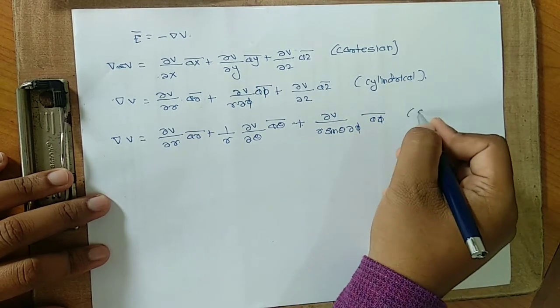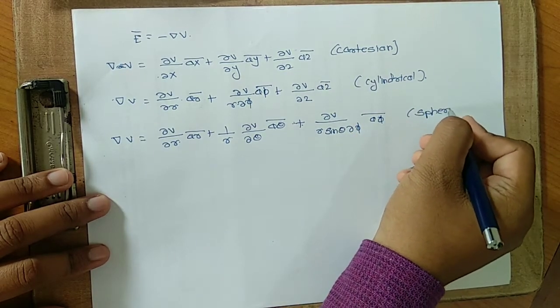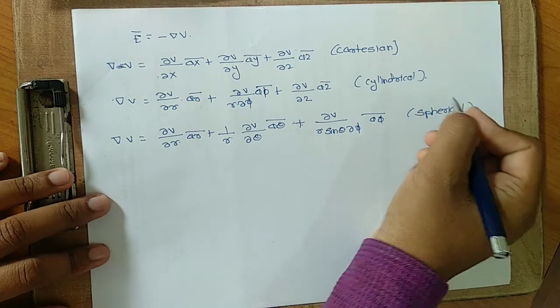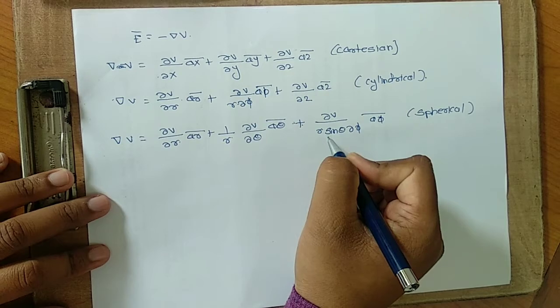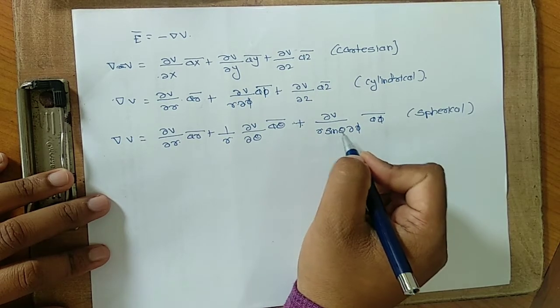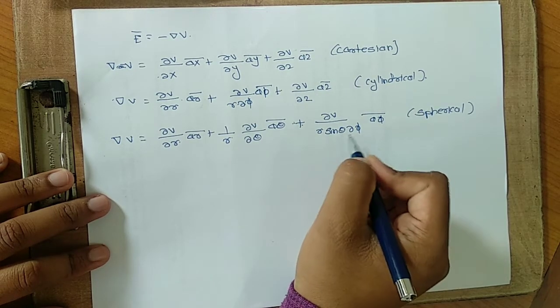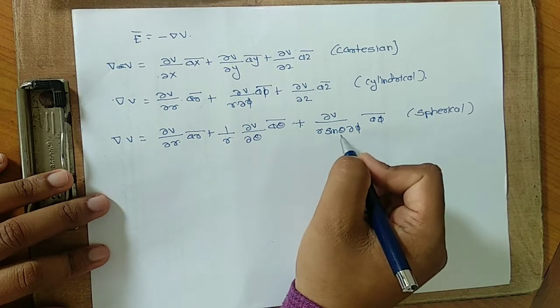It is for the spherical coordinate system. How will you remember this? You add 1 by r here, and here we add 1 by r sin θ. Why do we have to add this 1 by r sin θ and r?